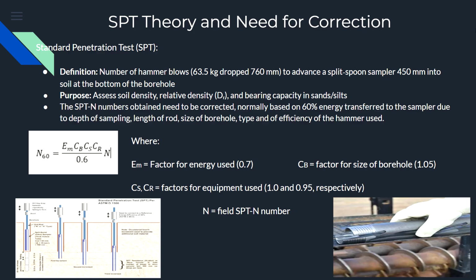So what is SPT? SPT is the standard penetration test. The definition of the standard penetration test is the number of hammer blows, with a hammer specified as 63.5 kg, dropped at a height of 760 millimeters to advance a split spoon sampler of 450 millimeters into the soil at the bottom of the borehole.